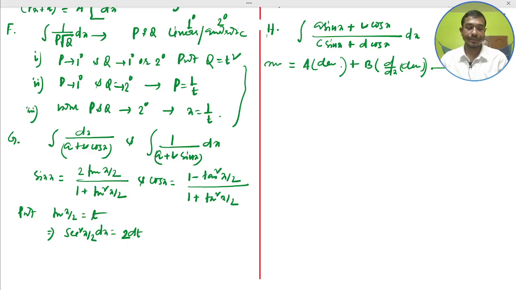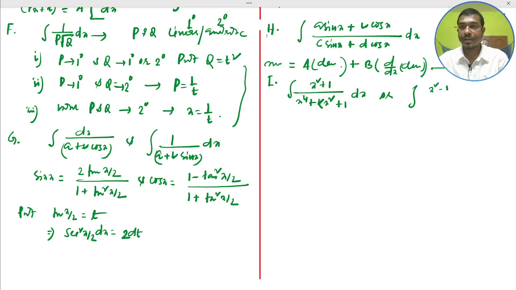The last form: the integration of x square plus 1 divided by x to the power 4 plus kx square plus 1 dx, this is very important, or x square minus 1 divided by x to the power 4 plus kx square plus 1 dx.